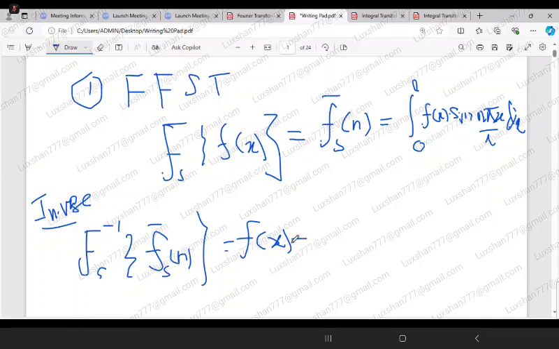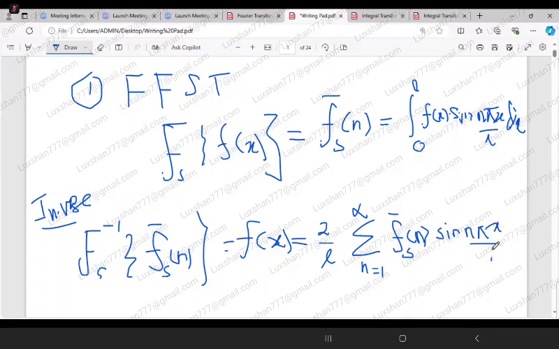This is equal to the summation, that is 2 over L, summation n equal to 1 up to infinity, f bar s into sine n pi x over L. So this is the first one, the finite Fourier sine transform and its corresponding inverse formula.